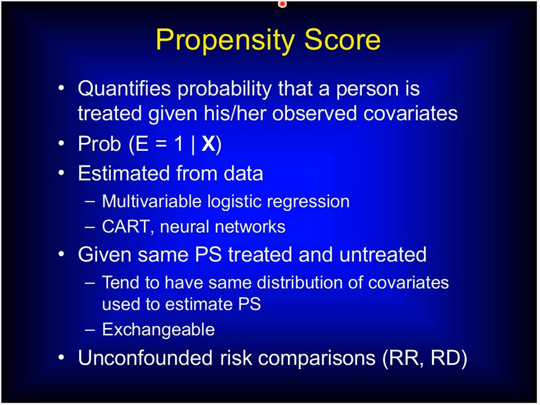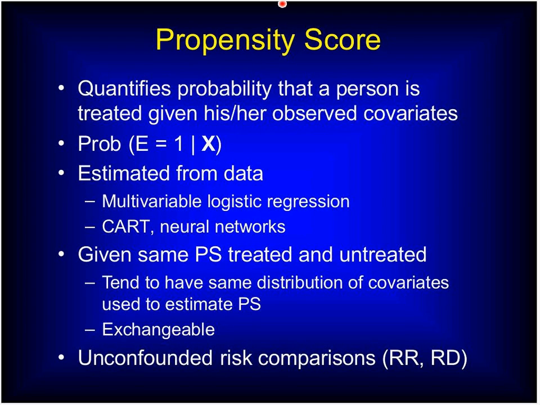The trick is that given the same propensity scores, treated and untreated have the same distribution of covariates used to estimate the propensity score. So every single person in your data set obviously is either treated or untreated, but has an estimated probability of treatment based on their covariates that has values between 0 and 1. And if you take two people, one treated and one untreated, with the same value of the propensity score, then over a sample they will tend to have the same distribution of covariates and therefore are exchangeable with respect to covariates.